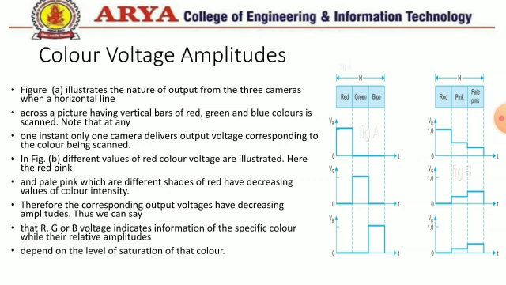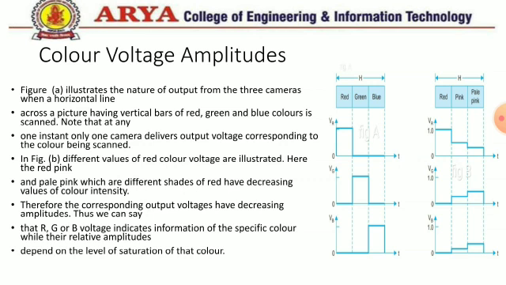In figure B, different values of red color voltage are illustrated. Here red, pink and pale pink are different shades of red having decreasing color intensity. Therefore, the corresponding output voltages have decreasing amplitudes.